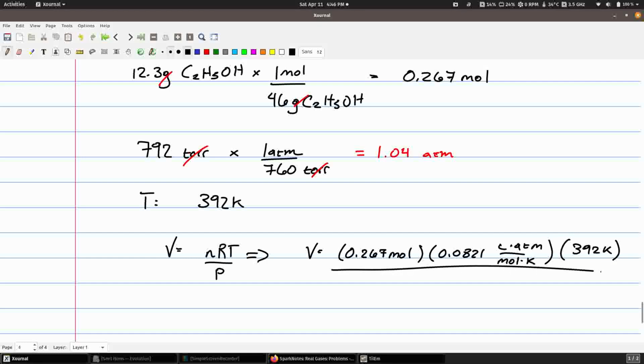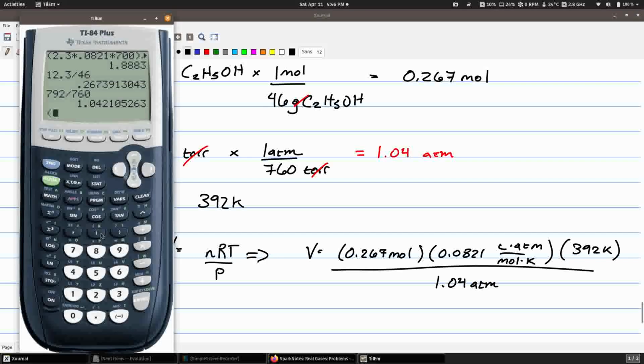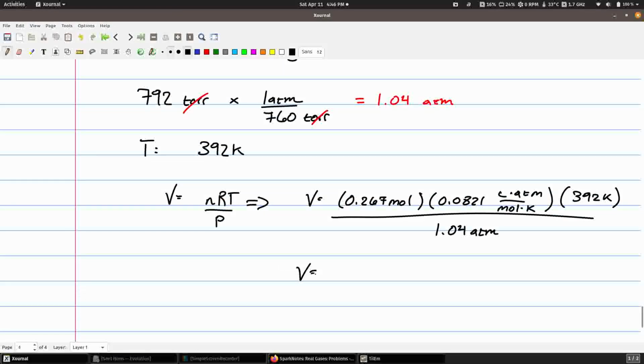And that's divided by the pressure, which is 1.04 atmospheres. So let's plug that in the calculator. 0.267 times 0.0821 times 392, then that's divided by 1.04. So our volume is, this gas would take up about 8.26 liters. And that would be how you would solve that.